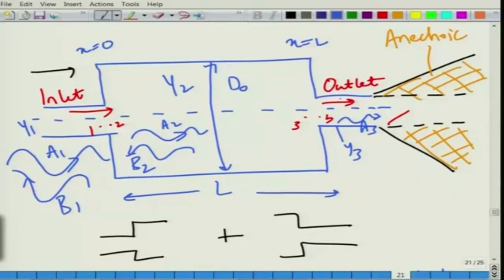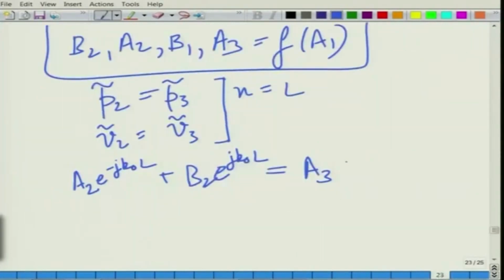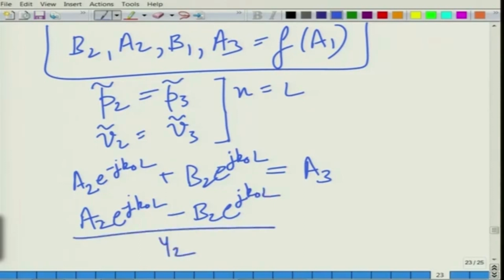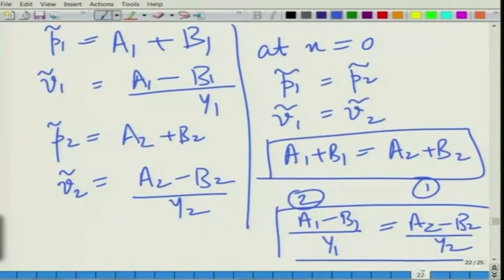For this port you can define the local coordinate system somewhere here, x is equal to 0. So, you will just get e to the power 0. So, A2, and this is Y2, this is A3 by Y3.